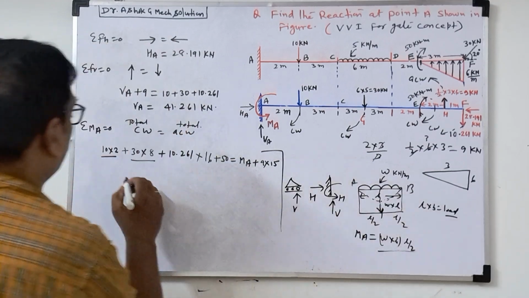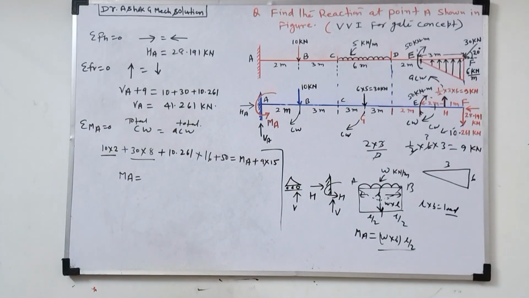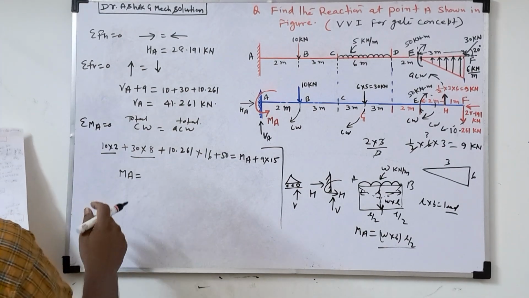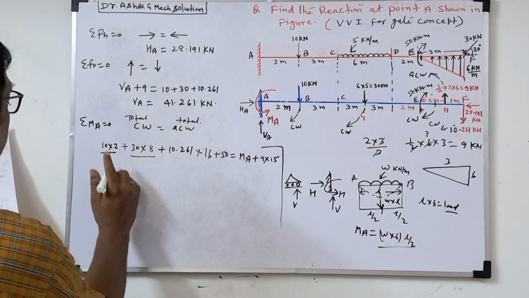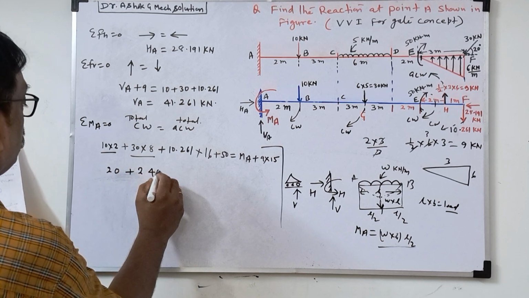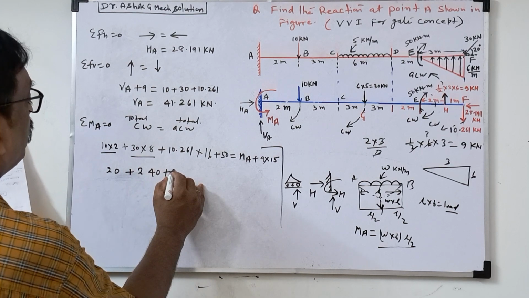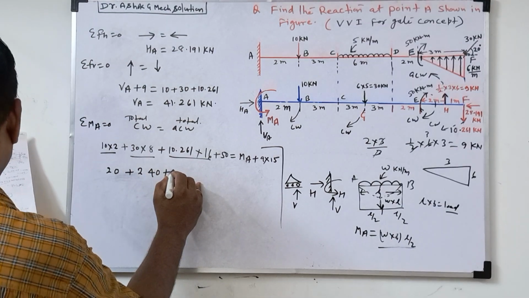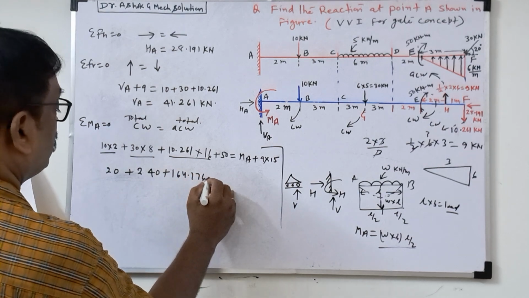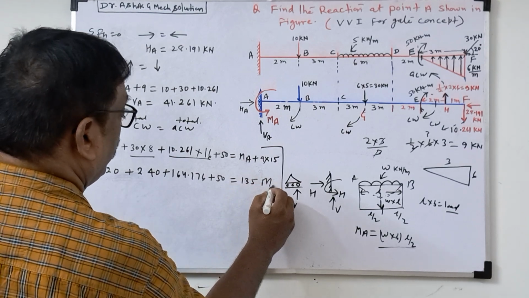So if we calculate, MA will come. 10.261 into 16 is 164.176, plus 50, equals 135 MA.